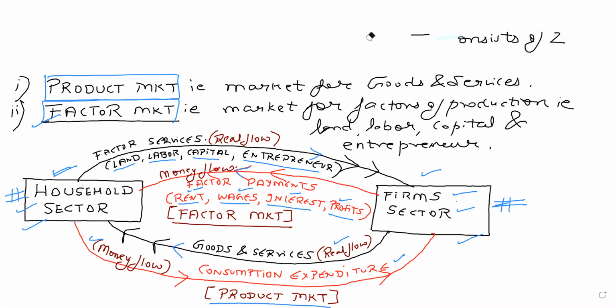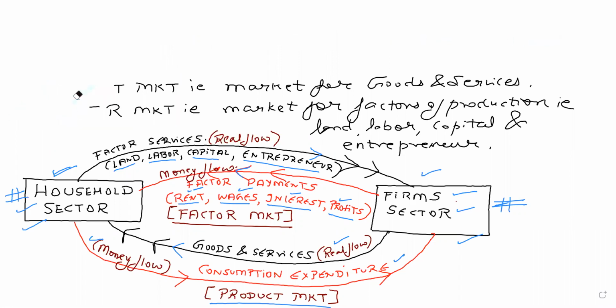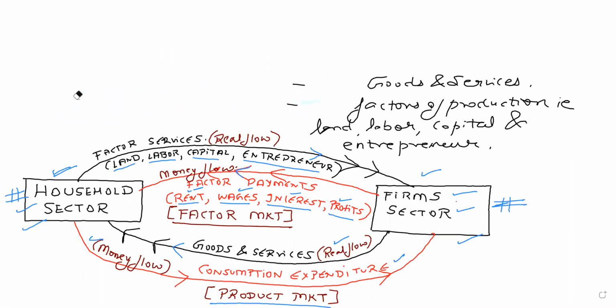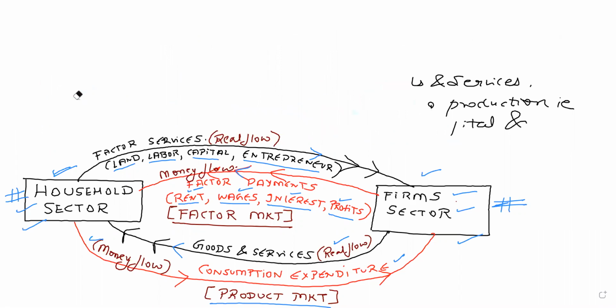So I'm erasing the initial part and now let's discuss what are the leakages or injections to the circular flow of income and product.